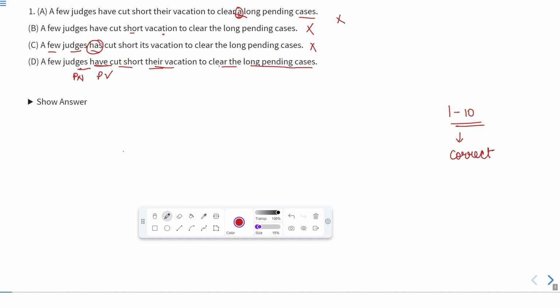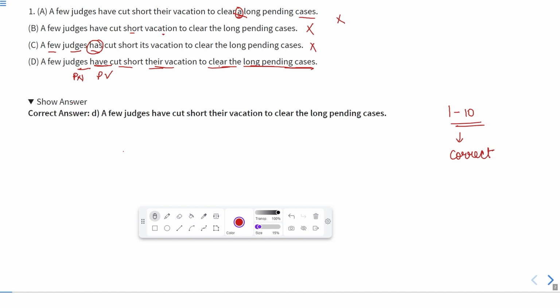To clear, this is an infinitive, the long pending cases. So according to grammar, sentence D is absolutely correct, and each and every part of it is correct. Therefore, our answer is D.